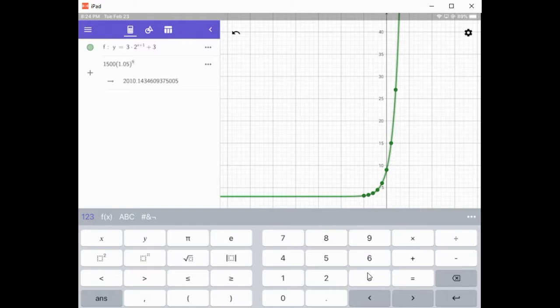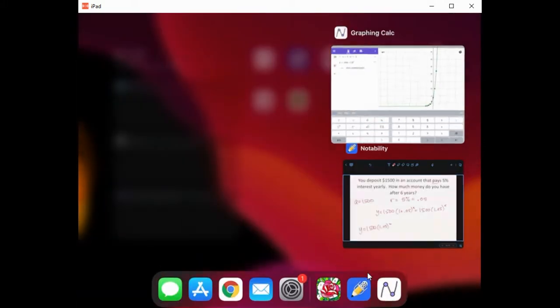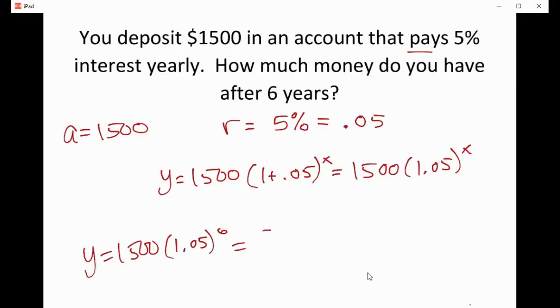Remember the exponent button is below the y. Okay, so since it's dollars, we would just round to 2 decimal places. $2,010.14. That's how much money you would have after 6 years if you had 5% interest on an account, which would be pretty cool, I think.